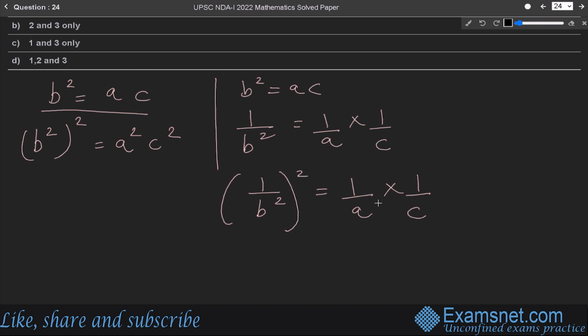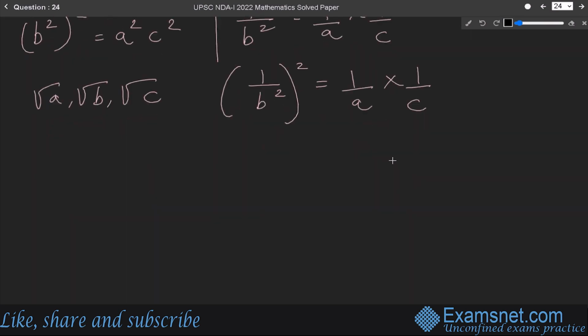Now let us look at the third option. The third option is root A, root B and root C are in GP. So in order to get the terms in root, we have to put root in B square is equal to AC.